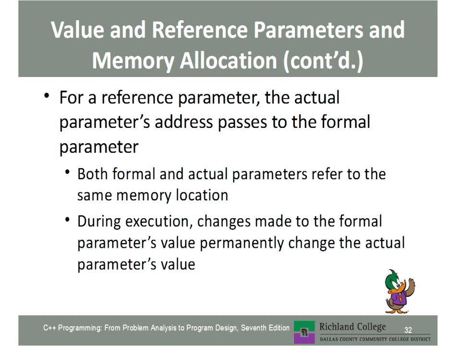For a reference parameter, the actual parameter's address is passed to the formal parameter. Both formal and actual parameters refer to the same memory location. During execution, changes made to the formal parameter's value permanently change the actual parameter's value.